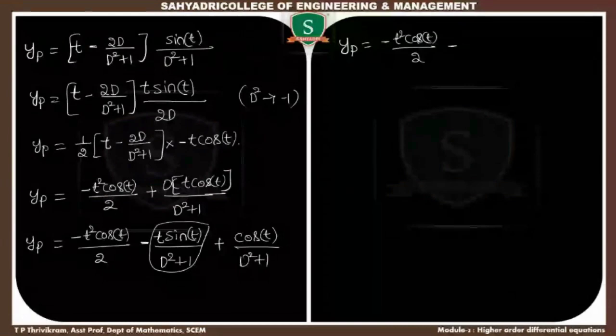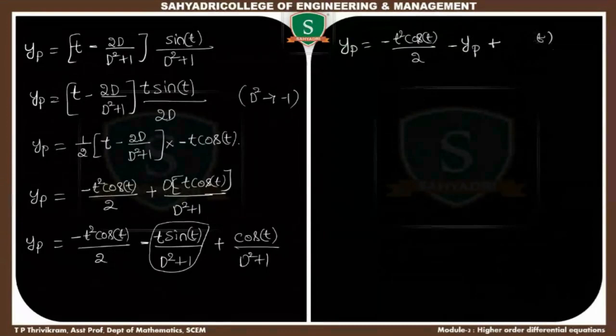Okay, so replace with yp plus cos t divided by d square plus 1. Okay, so in the place of d square you can substitute minus 1. So if you substitute minus 1 you'll get 0. So that's why you'll get t cos t divided by 2.